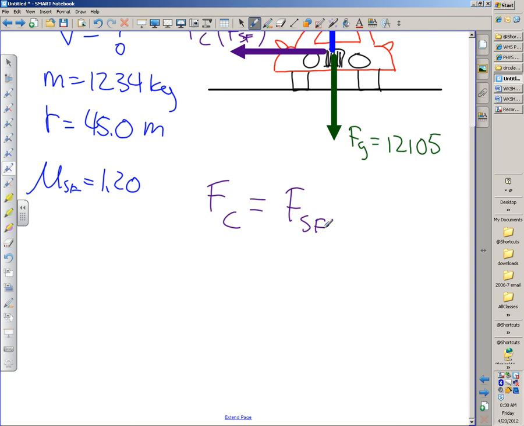On the left-hand side, centripetal force. I've given you a formula to calculate how much centripetal force this object needs. What does the amount of centripetal force an object needs to make a turn depend on? It depends on three things: the mass of the object, its tangential velocity, and the radius of the turn. That together has to equal static friction.